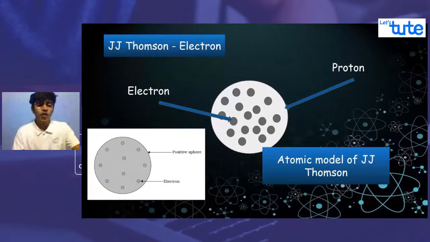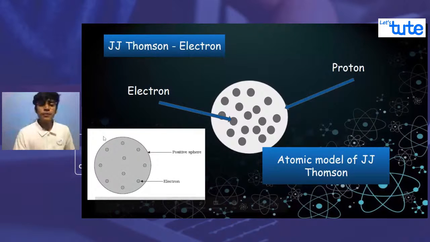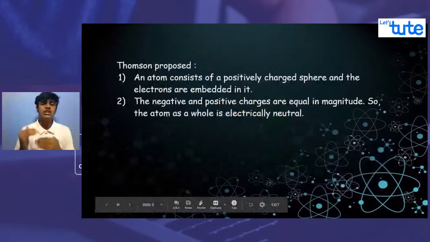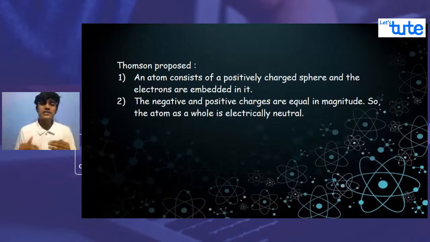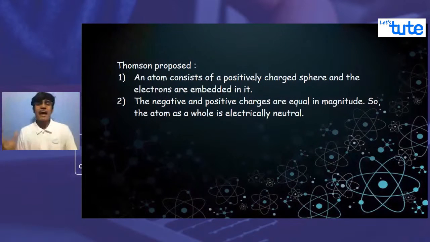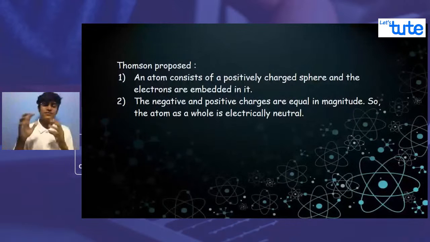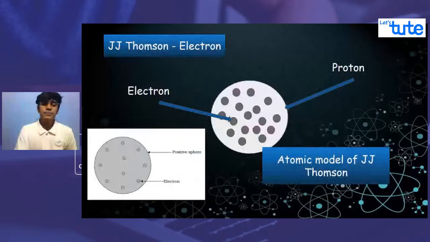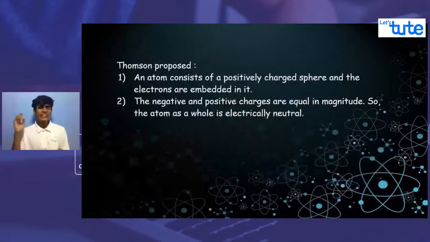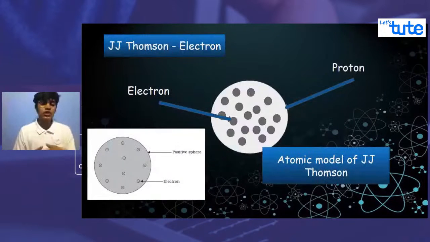So let us find out what J.J. Thomson proposed. He proposed that the atom consists of a positively charged sphere and the electrons are embedded inside it. As we can see in the diagram, the electrons are embedded inside the proton, which is nothing but a solid sphere. The next thing is that he was able to say that the atom is electrically neutral.